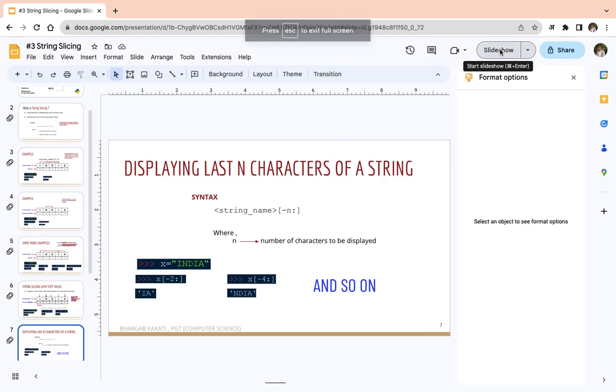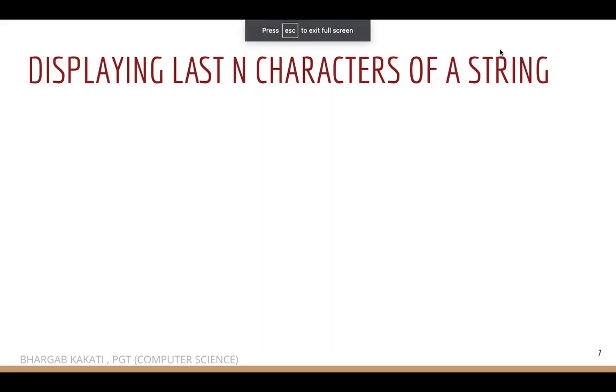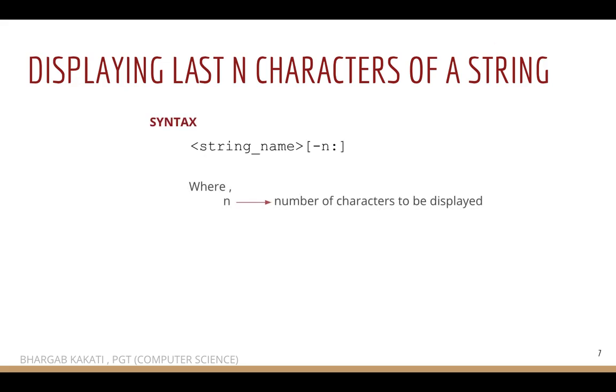Now, if I want to display the last n characters of a string, suppose the question comes to display the last 3 characters of a string, then what is the syntax? The syntax is string name, then within brackets we need to give [-n:]. Here we need to use the negative index. What is the meaning of n? N means the number of characters to be displayed.